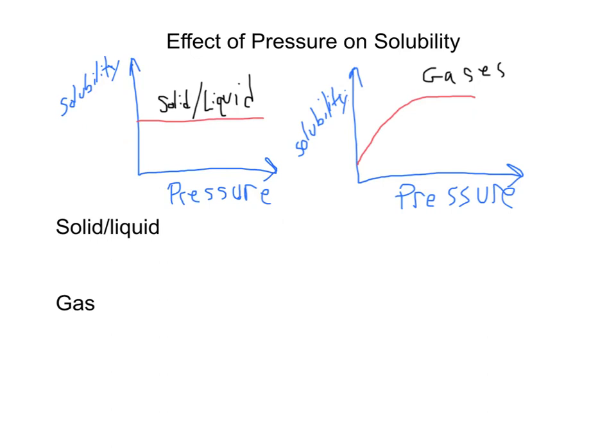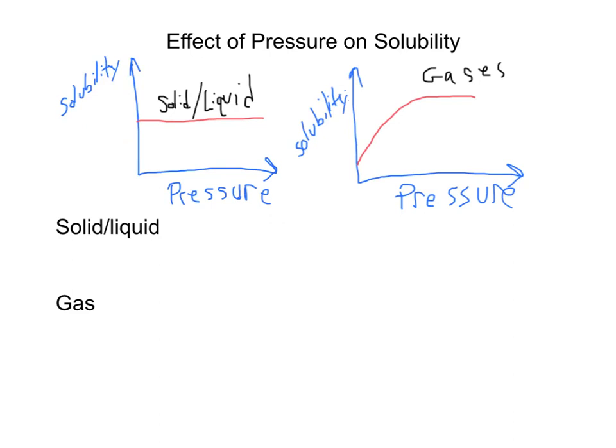Now that we've taken a look at temperature, let's look at the effect of pressure on solubility. And pressure, you know, how hard the gas above a liquid is pushing down on that liquid, does have an effect, but you can see that the effect is different again for solids and liquids dissolved in a liquid solvent than it is for gases.